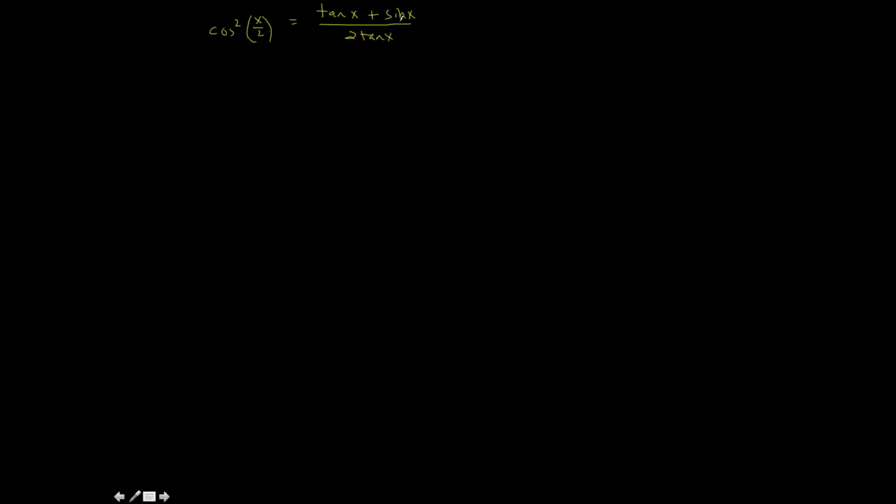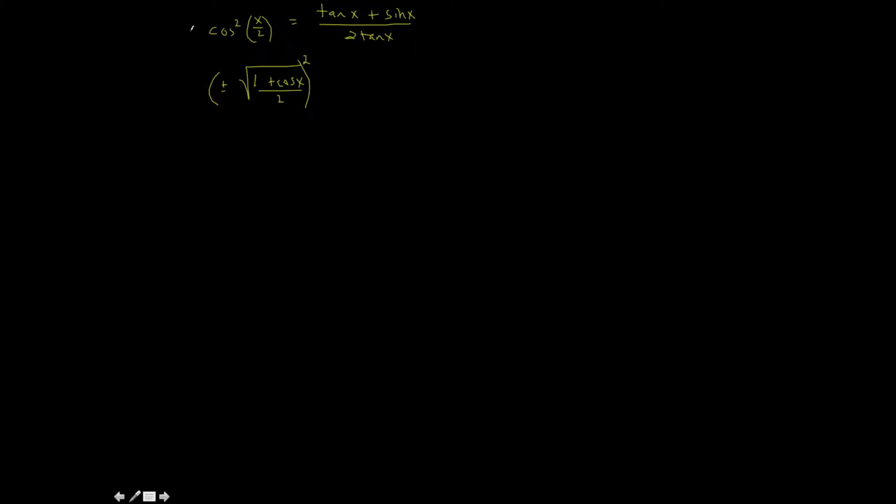Now, I'm going to use the left-hand side because I see an identity there already because of the x over 2. So basically what this is, plus or minus the square root of 1 plus cosine x over 2, squared.